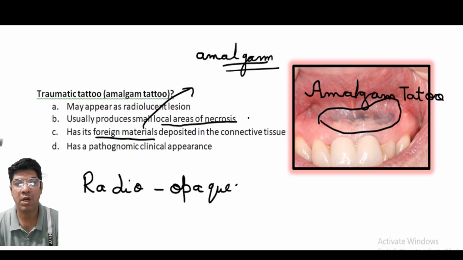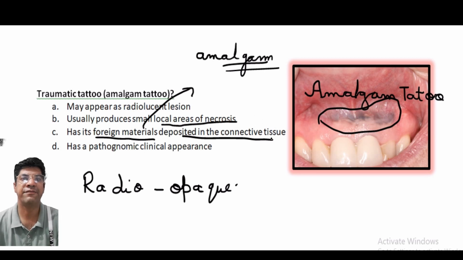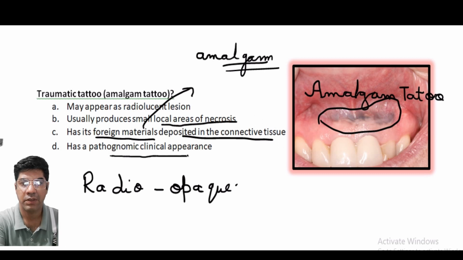It occurs when the small particles become embedded in the oral mucosal tissue, but it does not cause tissue death. The third, it has foreign particles deposited in the connective tissue. So yes, that's true. And last, it has a pathognomonic clinical appearance.